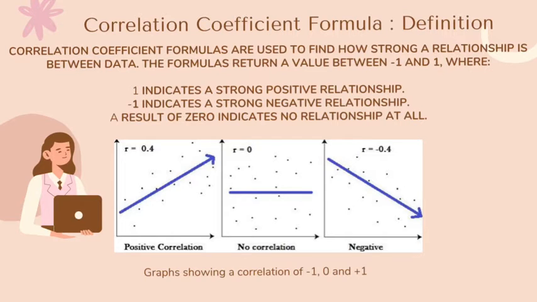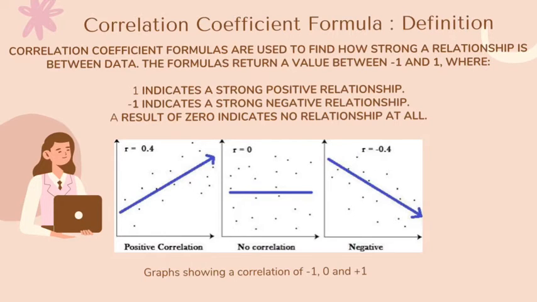And here is the definition of the correlation coefficient formula. The correlation coefficient formula is used to find how strong a relationship is between data. The formula returns a value between -1 and +1, where 1 indicates a strong positive relationship, -1 indicates a strong negative relationship.